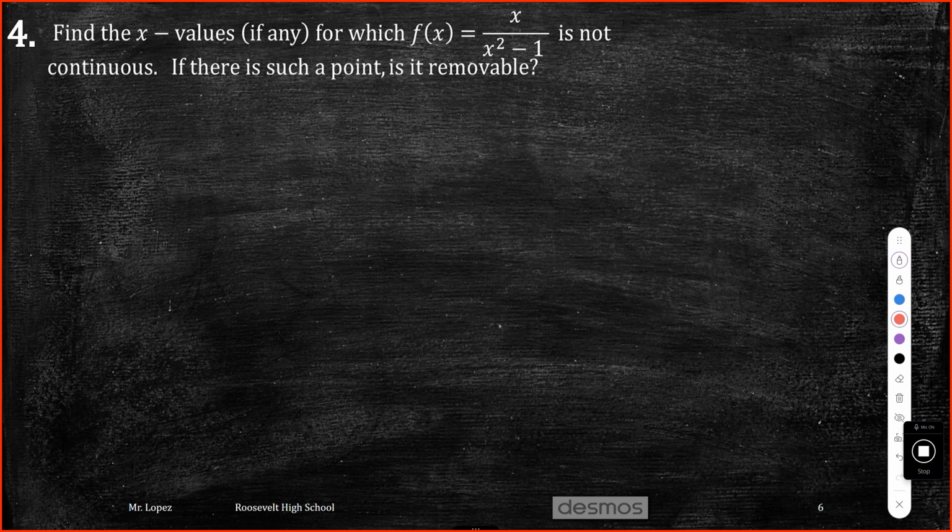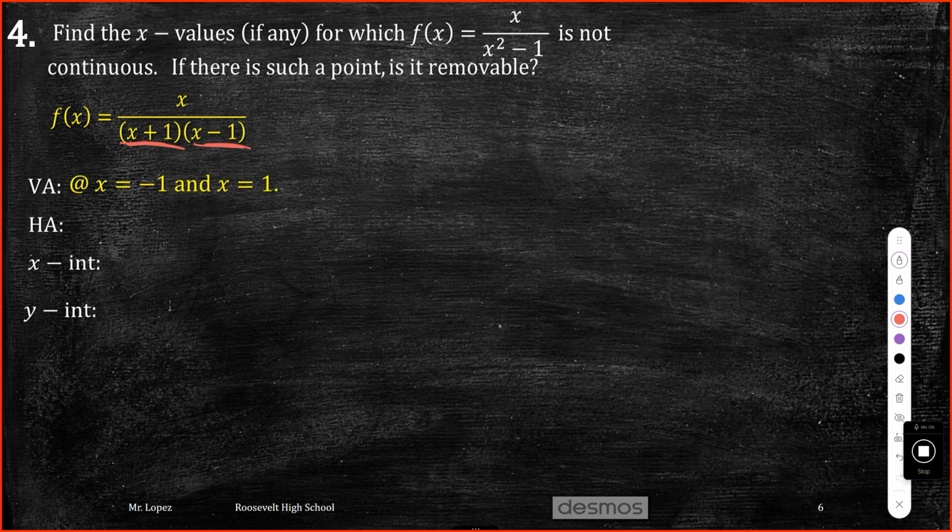Find the x values, if any, for which f of x equals x over x squared minus 1 is not continuous. If there's such a point, is it removable? So step 1 is to break it down into its factors. This one has 2 vertical asymptotes, one at negative 1 and at positive 1. Horizontal asymptote, again, the bottom is an x squared over an x.